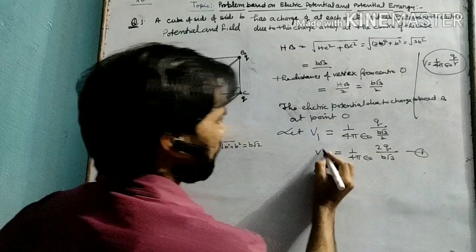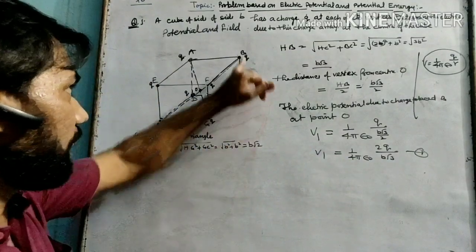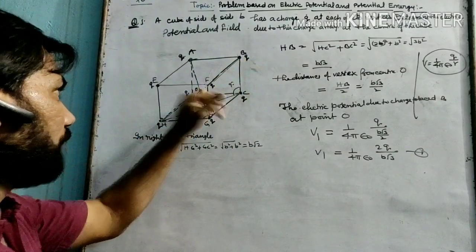So V1 is the electric potential due to the charge placed at point B at the center O.